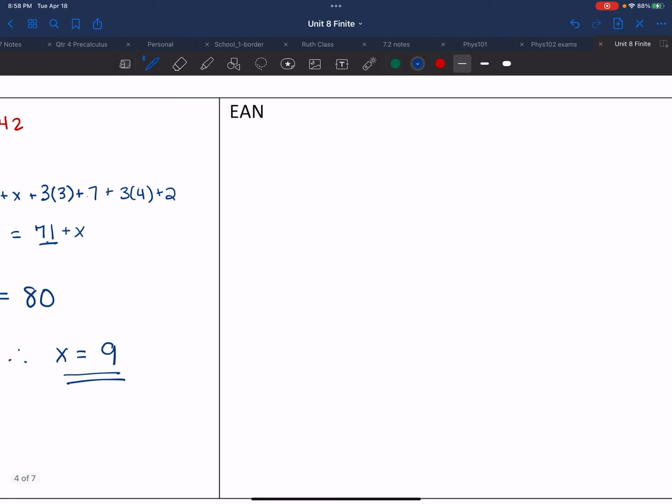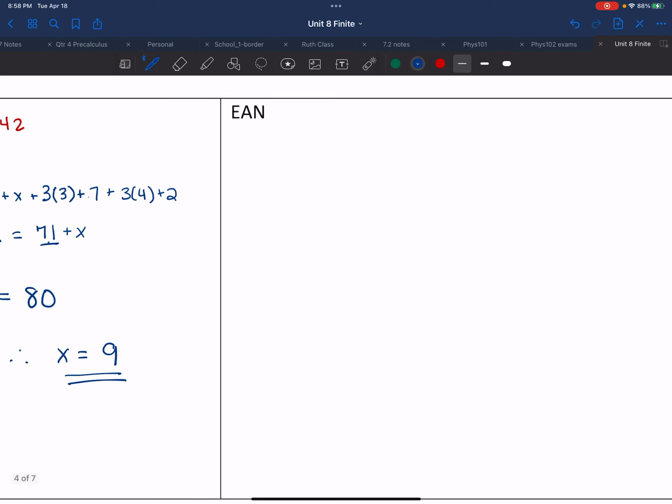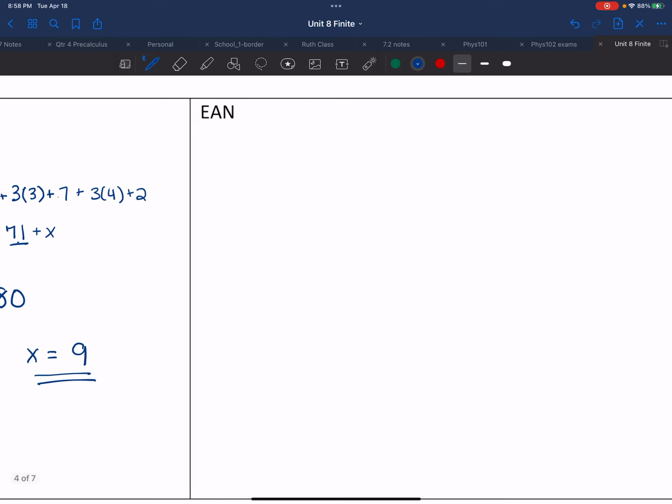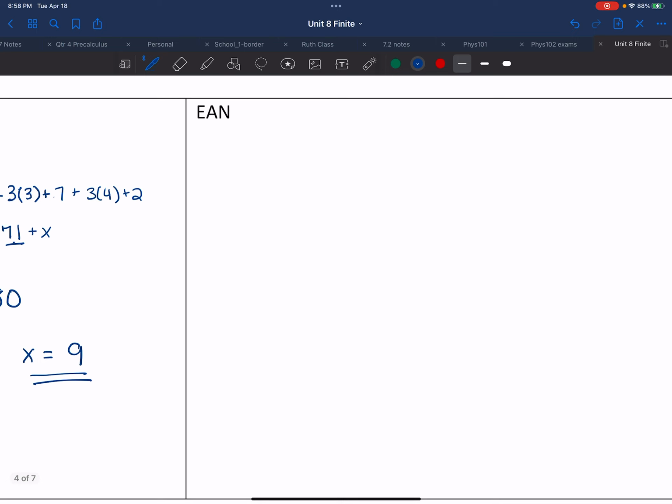All right, now we can take a look at an EAN number. This one is number 7 from your monitoring progress, so we're just going to tackle it while we're at it. So we have 2 4 8 5 x 6 3 8 0 1 7 4 2.